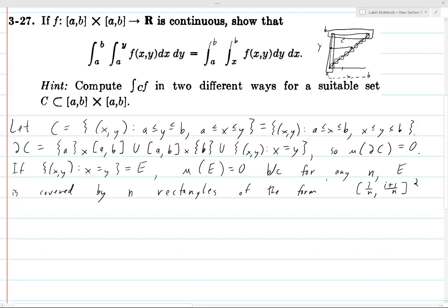So when I plug in i equals 0, I need a. So I need i over n plus a. But then I need it so that when we plug in, so then i plus 1 over n plus a.